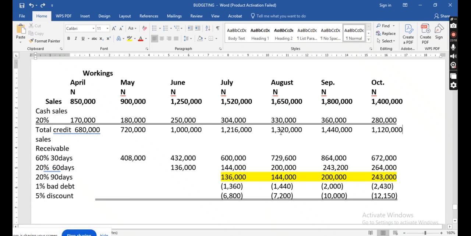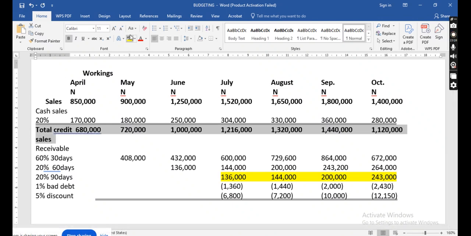Don't forget, you've used this already, so please don't add this figure here, because that is the figure you use for the 30 days and for the 60 days. So 600 plus 144 plus 136 minus 1,360. What do you have?